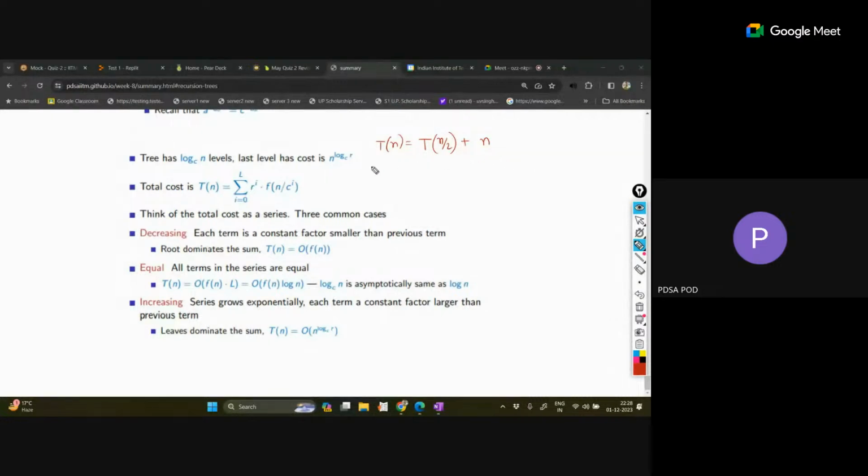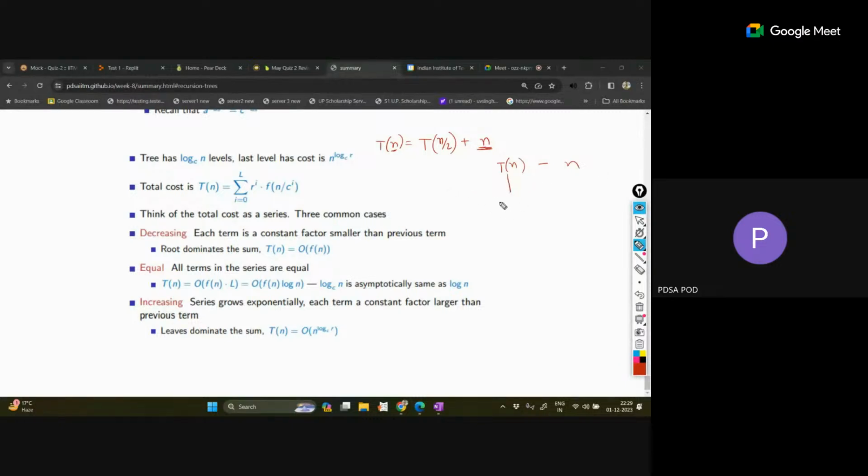So what would be the complexity for this case? If we have n input, we are getting n.